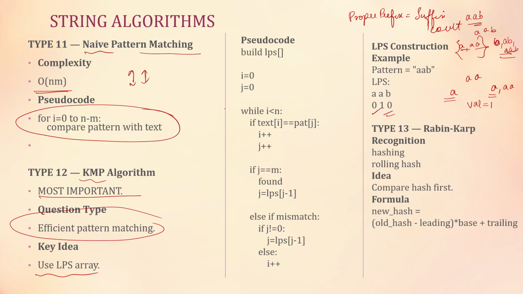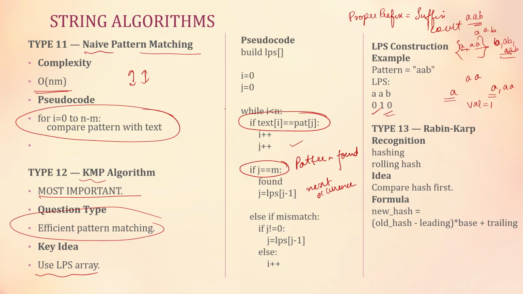Now in the pseudocode, what we are doing is if we have a text and a pattern, we try to move both the pointers. Now if your pattern is found, you look for its next occurrence.